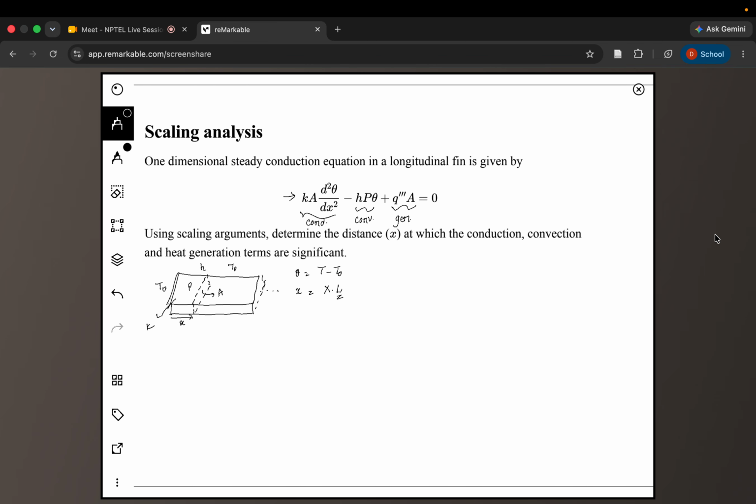This is a length scale that we do not know yet, which we will try to figure out. So if I substitute that back into the differential equation, that would give me KA by L square d square theta by dX square, again with respect to some reference temperature, minus hP times theta.